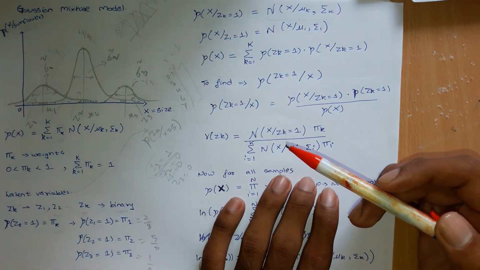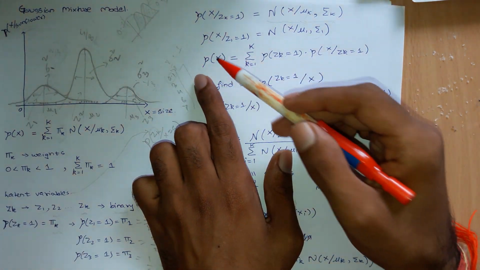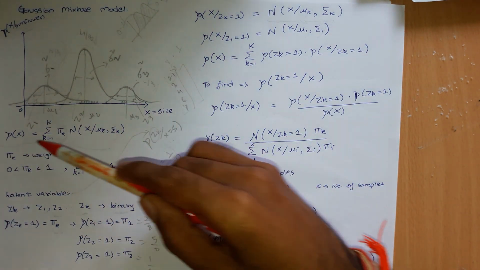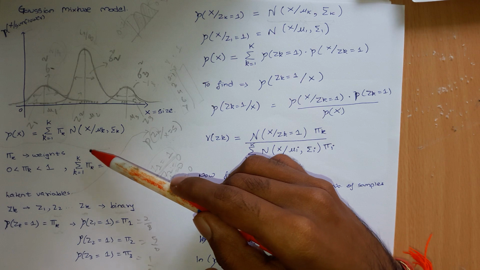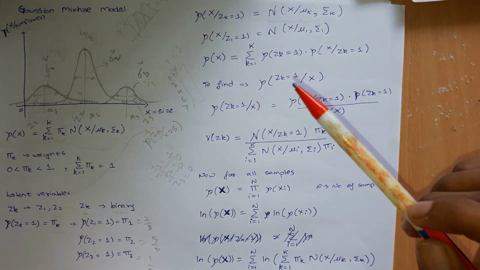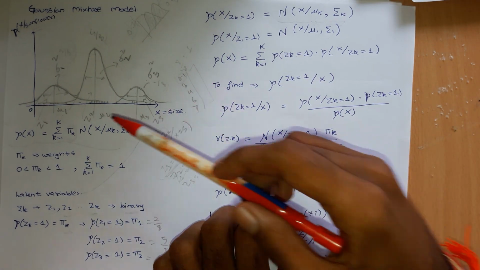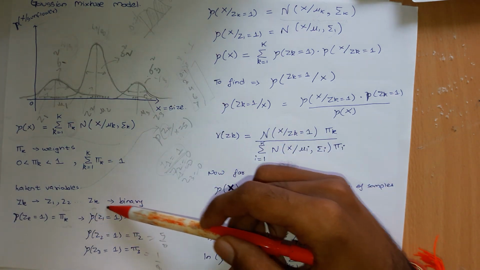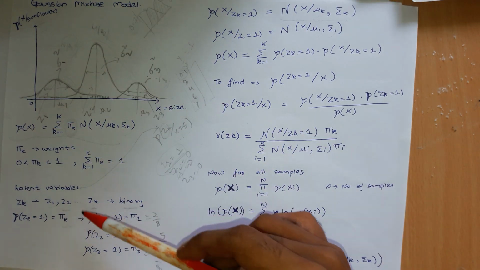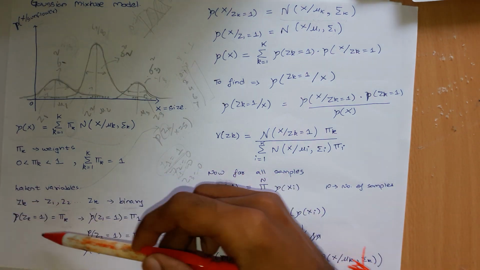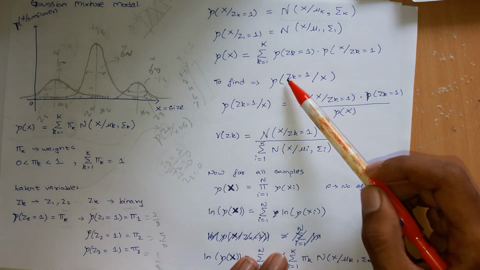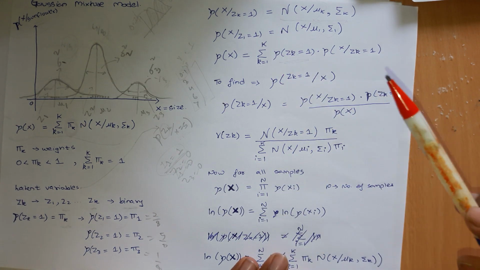Now the total probability of x, p of x, which I had also shown over here, I'm just substituting my latent variables into this probability. Here you can see that my pi k I can denote as this p of zk. So p of zk is equal to 1 is my pi k. So I have written, instead of pi k, p of zk is equal to 1. That is the whole thing.